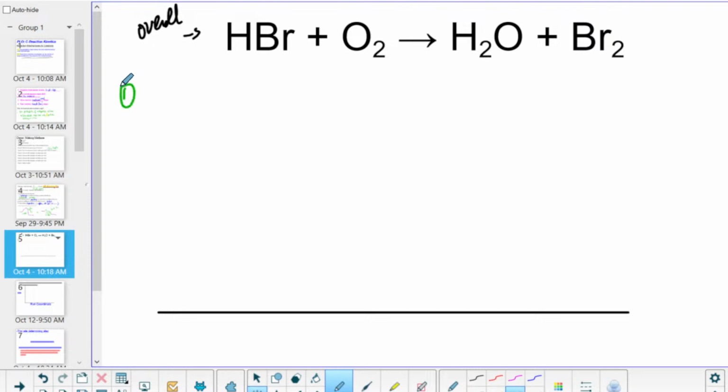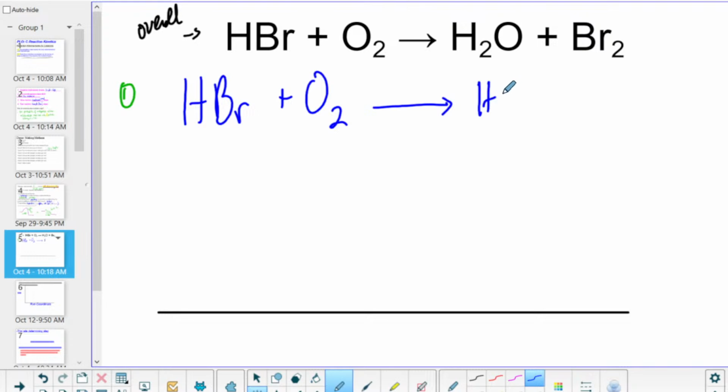So the first reaction is going to be HBr plus O2 goes to HOOBr.